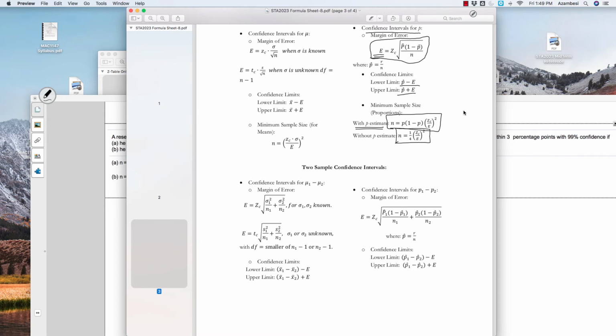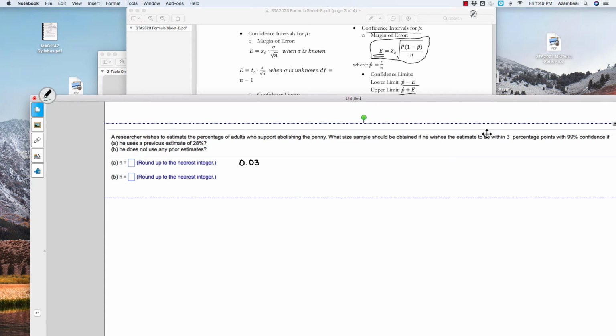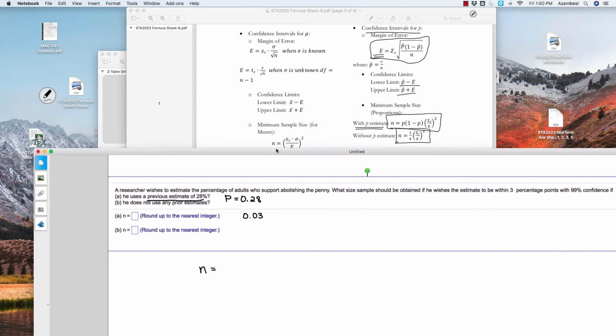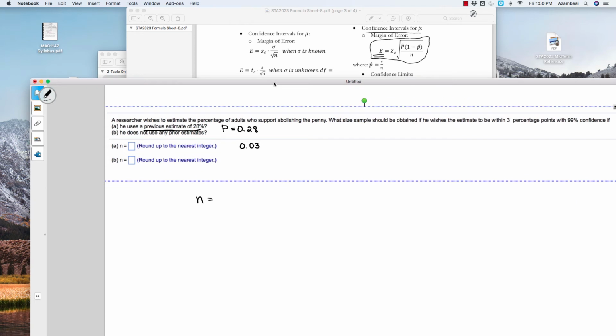So it says on this first part that we are going to use a previous estimate of 28%. So here we're going to use p equals 0.28. And then our sample size, n, is equal to p times 1 minus p times zc over e squared.